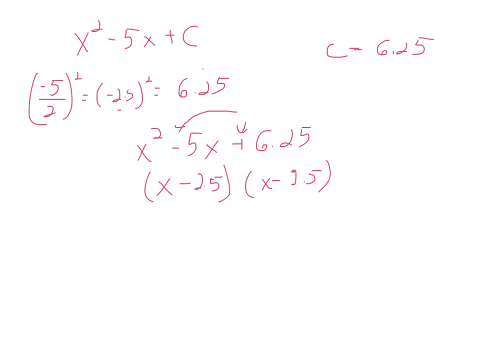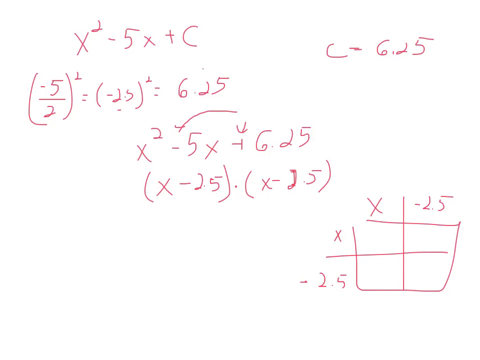Okay, and if you want to see if that's correct, what can you do? Well, check and see if when you multiply that, you get back to this original one. So you can use the box method. And if you do the box method for this, okay, you would in fact get right back to this one, so you know that you completed the square correctly.